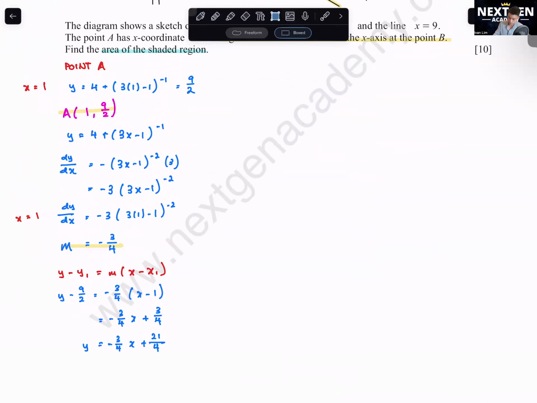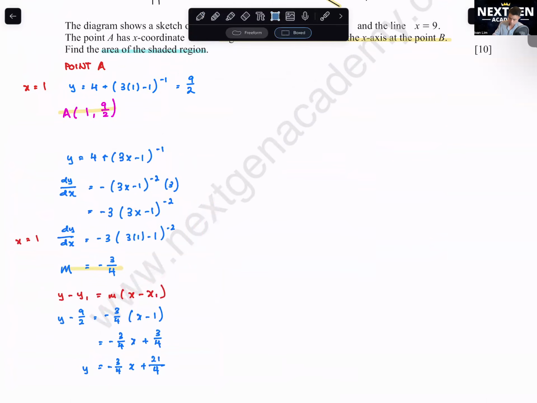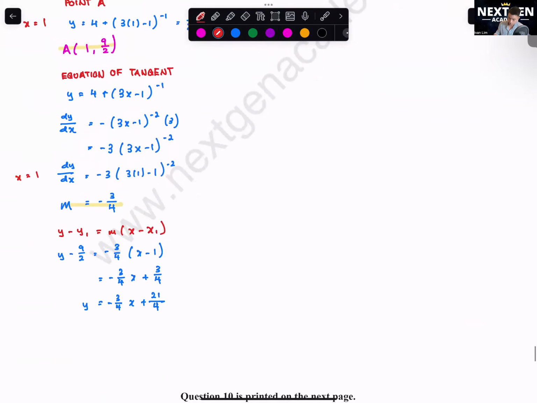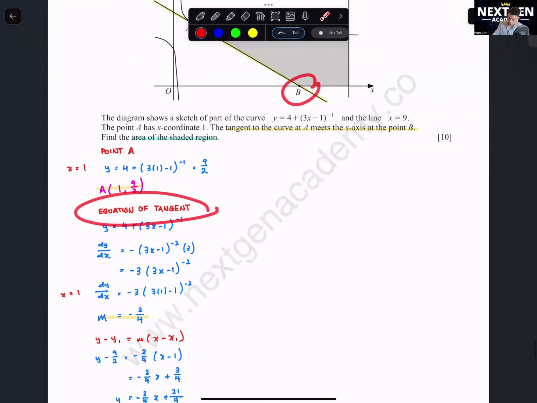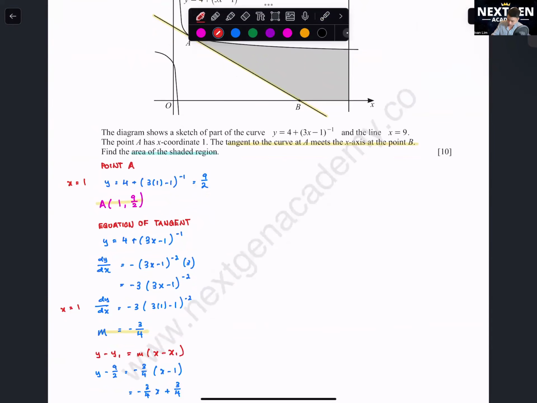So this whole step, okay, I move down a little bit. This whole thing, I am doing equation of tangent. Okay, the next part, once I got my equation of tangent already, I am going to substitute y equals to 0 to find the b value, because this is something 0.